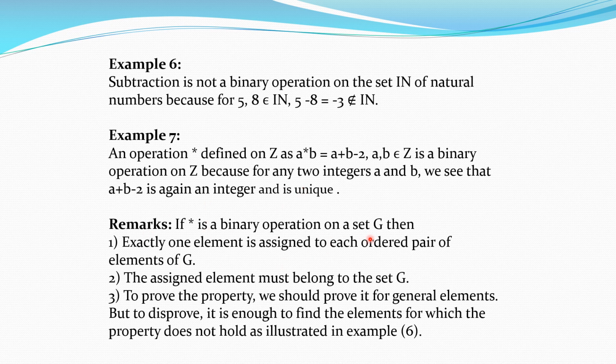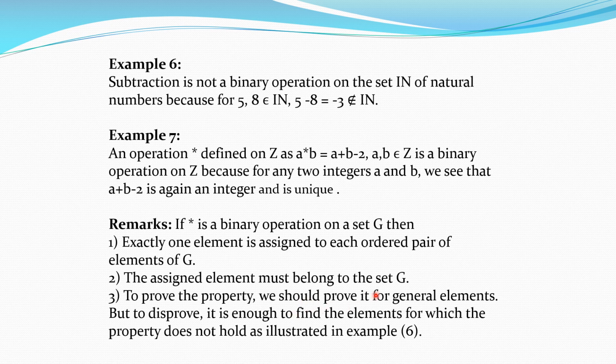Now, these are some remarks from the definition. If star is a binary operation on a set G, then first, exactly one element is assigned to each ordered pair of elements of G. That means for any pair A, B belonging to G cross G, A star B is the only one answer. Second, the assigned element must belong to the set G. So whatever the answer of A star B is, it is again an element of G. Third, to prove the property, we should prove it for general elements.